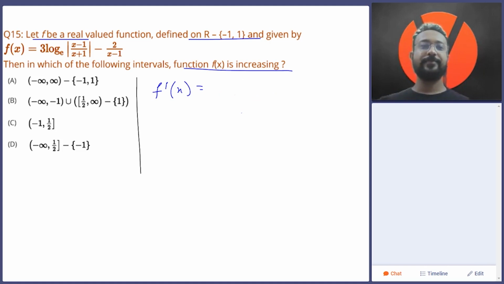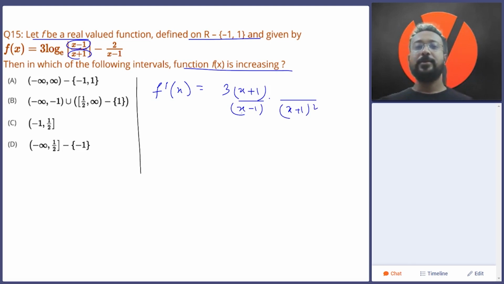So 3 times x plus 1 by x minus 1 whole into, derivative of this by u by v rule, it will be x plus 1 whole square. Derivative of first is 1 into x plus 1 minus derivative of second, that is 1 into first, x minus 1. Minus 1 is plus, x minus 1 whole square, and 1 2 will be there, correct?